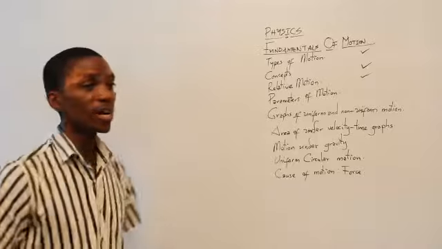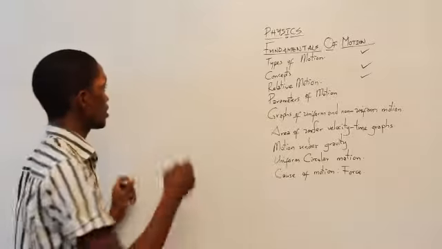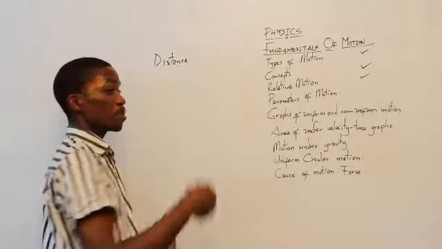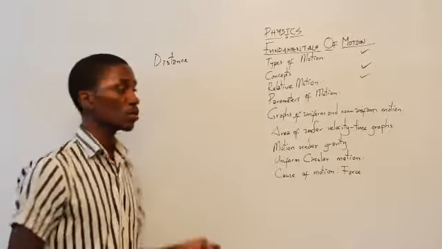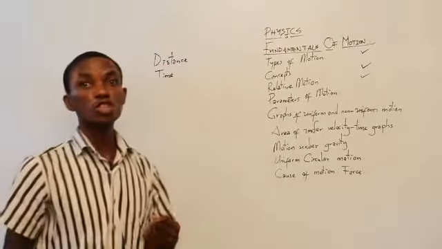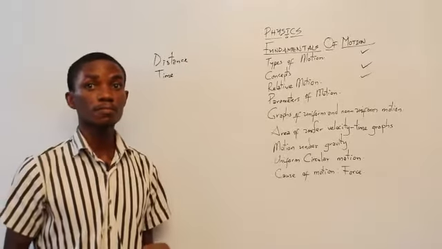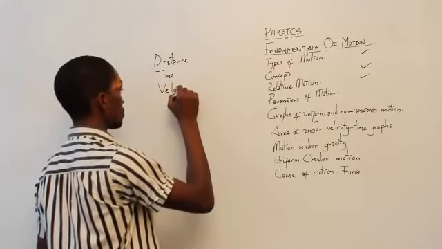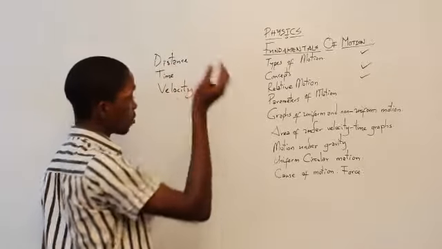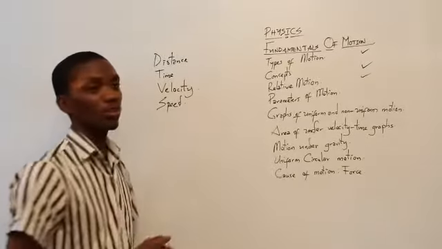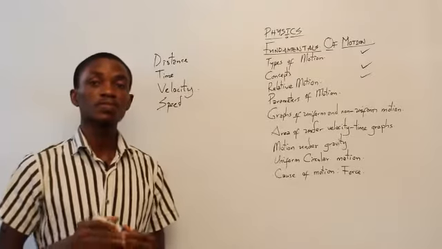We have to get familiar with the terminologies. Distance, which is the space between two positions; time, which is the duration between two occurrences; velocity, or let me come with speed before velocity, because I'll use speed to define velocity.